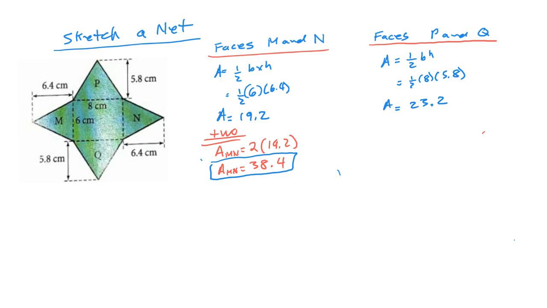But you've got to remember there are 2 sides that are the same. So we end up with A of P and Q is equal to 2 times 23.2, which gives us 46.4. So the area of P and Q is that.